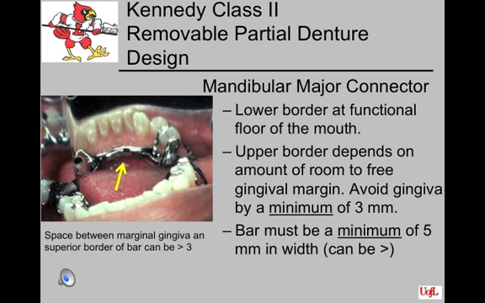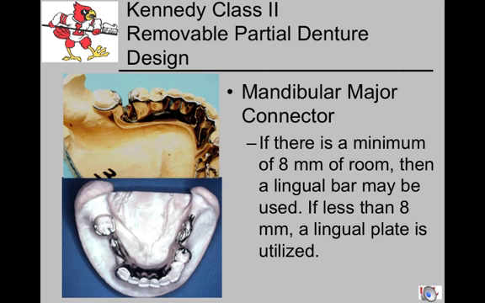It is less annoying to the patient if it is kept as low as possible. If there is a minimum of 8 millimeters of space between the functional floor of the mouth and the marginal gingiva, then a lingual bar may be used. But if there's less than 8 millimeters of space, it requires that a lingual plate be used.